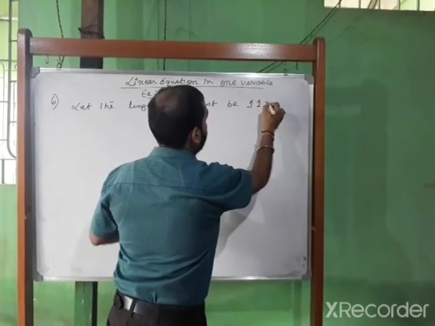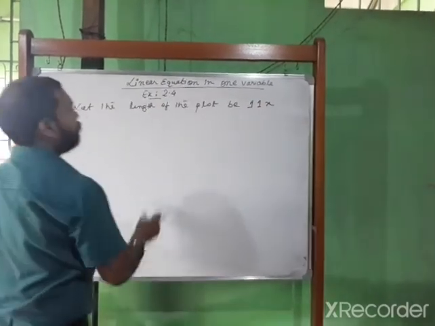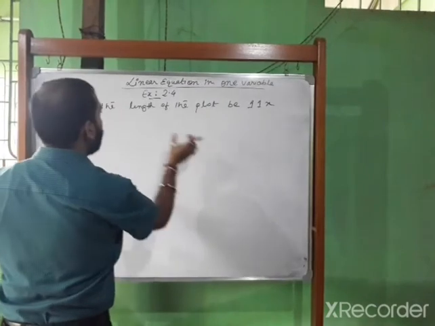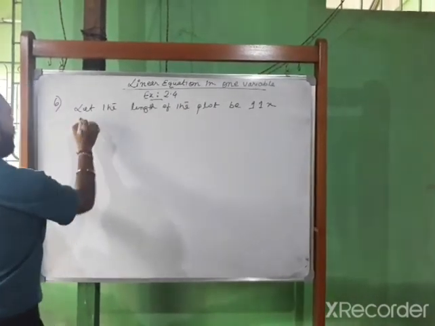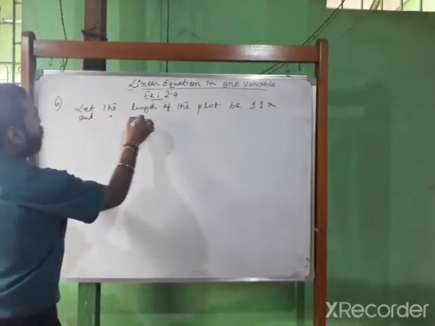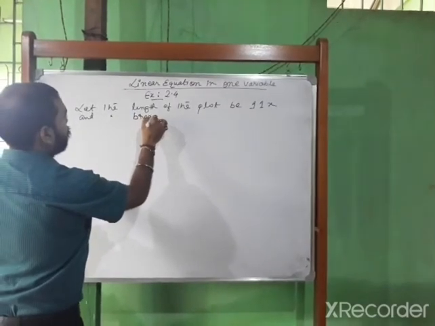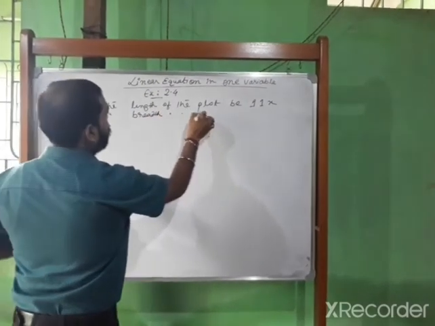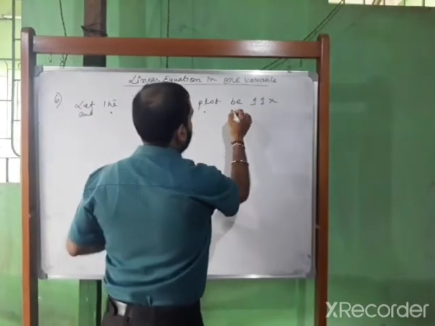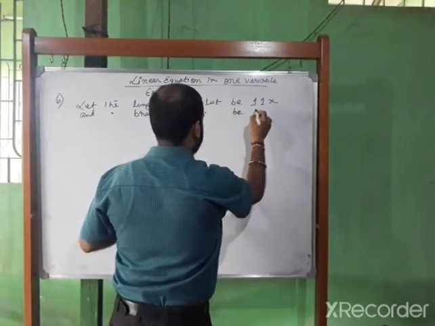Since the ratio of length and breadth is given as 11:4, the length of the plot is 11x and the breadth of the plot is 4x.